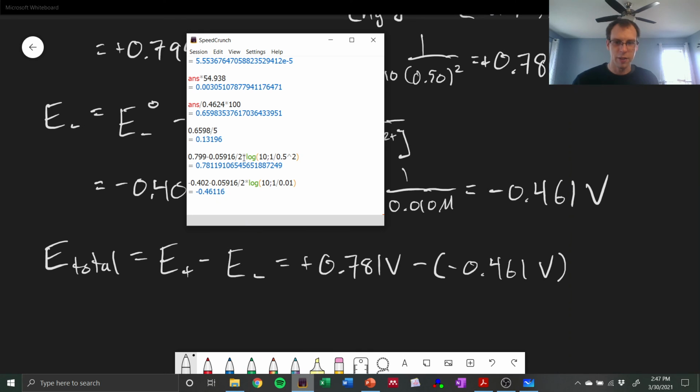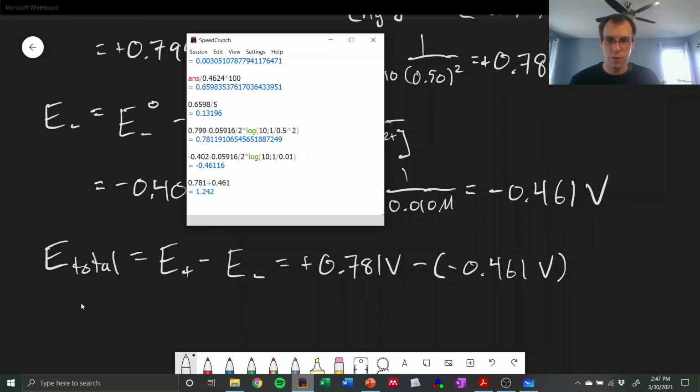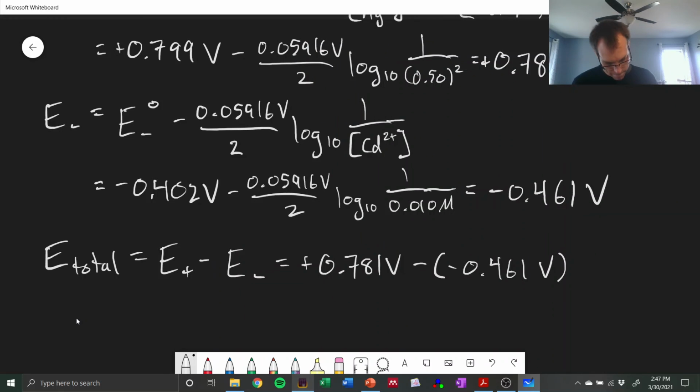We go back to our calculator, 0.781 plus 0.461 gives us a voltage of 1.242 volts. All right, and so that's an example of how we can use the Nernst equation to find the potential for a reaction that is not under standard conditions.